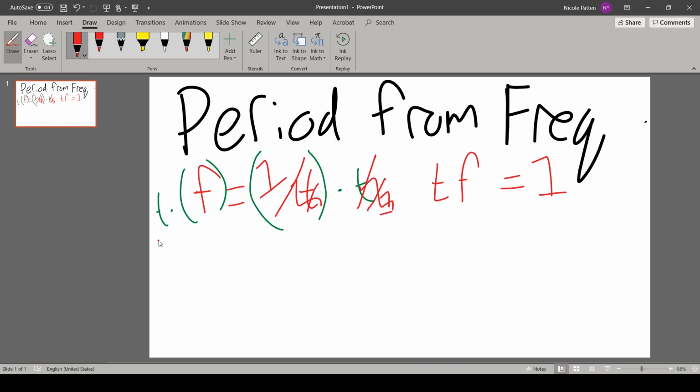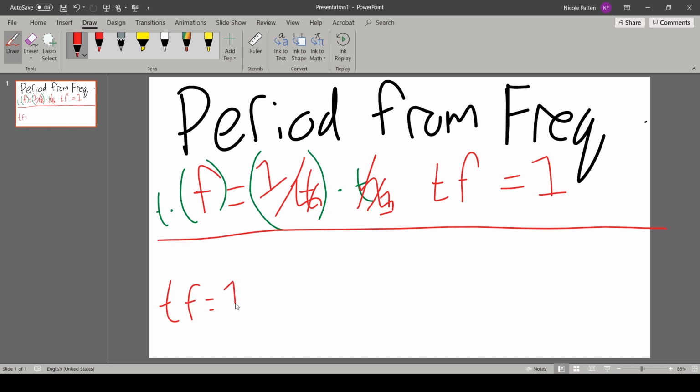Okay, so then let's come down here. We've got tf equals 1. And what do we want to do to both sides here? Well, we want to divide both sides by f. So we want to take that and multiply it by 1 over f. And we want to take this 1 and we want to multiply it by 1 over f.